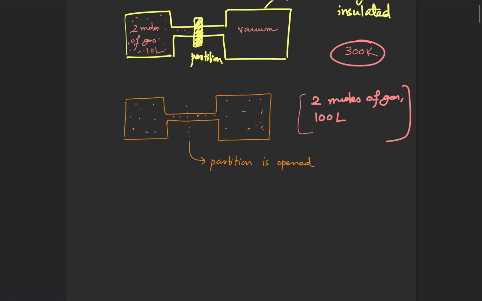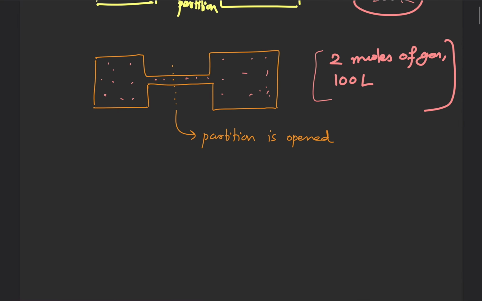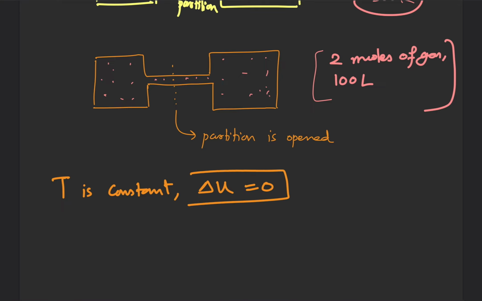Okay, and since temperature remains constant, therefore delta U will be equal to 0. Because internal energy for ideal gases depends only on temperature, and temperature itself is not changing, so delta U is equal to 0.